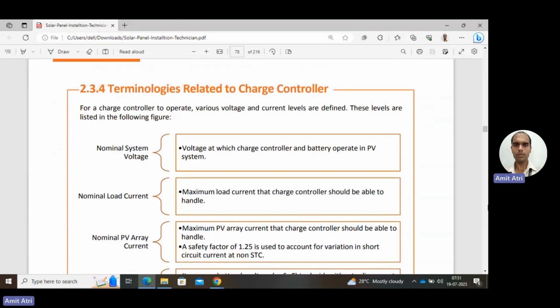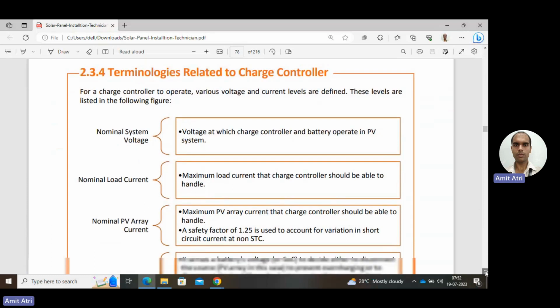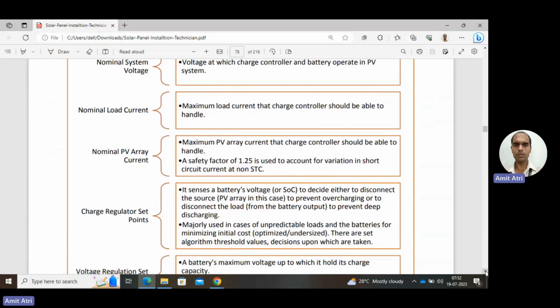Terminology related to the charge controller. For a charge controller to operate, various voltage and current levels are defined, like the nominal system voltage. This is the voltage at which the controller and battery operate in a PV system, the nominal voltage, rated voltage, the operating voltage. Nominal load current is the maximum load current the charge controller should be allowed to handle.